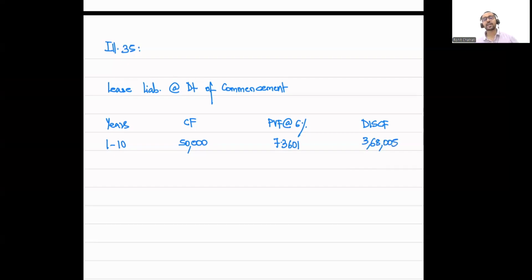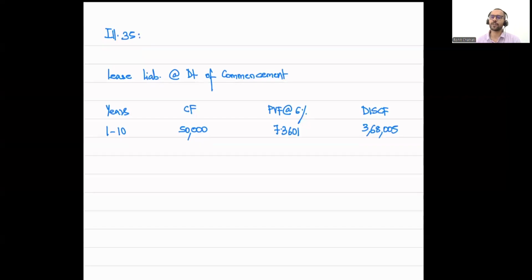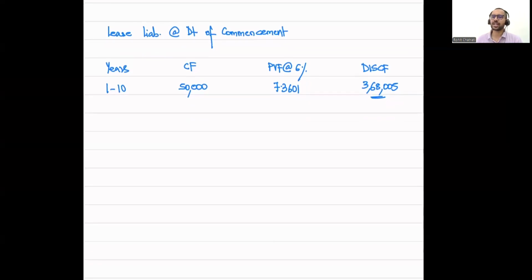So we recognize an ROU asset and lease liability on the date of commencement of 3,68,005. It will be right of use asset debit 3,68,005, credit lease liability of 3,68,005 rupees. So we have an ROU asset and lease liability of 3,68,000 on day one.